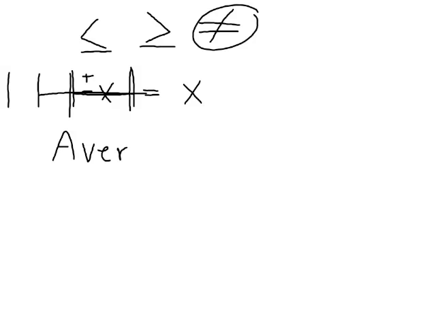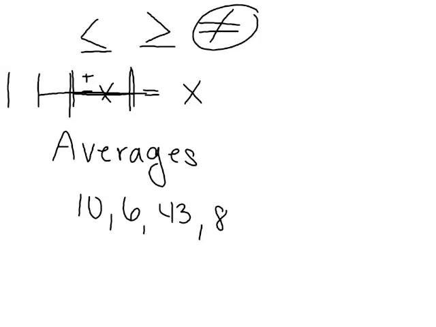Averages. How do we find the average for a group of numbers? I have 10, 6, 43, 8, 27. How do I find the average for those? So count up how many numbers are in the set. 1, 2, 3, 4, 5.